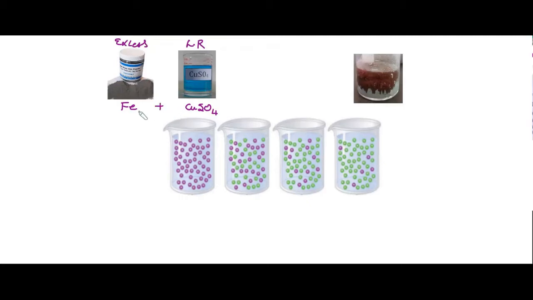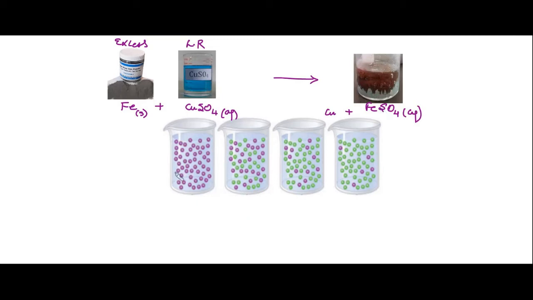Initially iron powder is used and copper sulfate is aqueous. So as the reaction proceeds, we will be getting copper metal in FeSO4 solution. Copper solid is formed as a precipitate in iron sulfate solution.